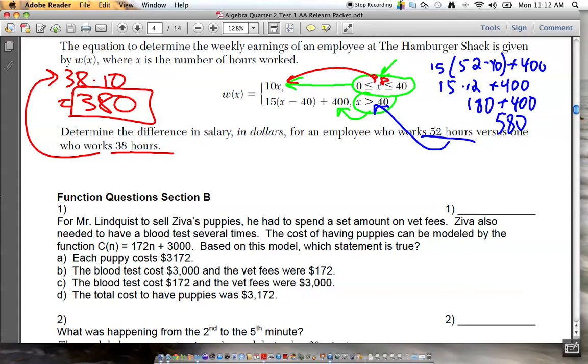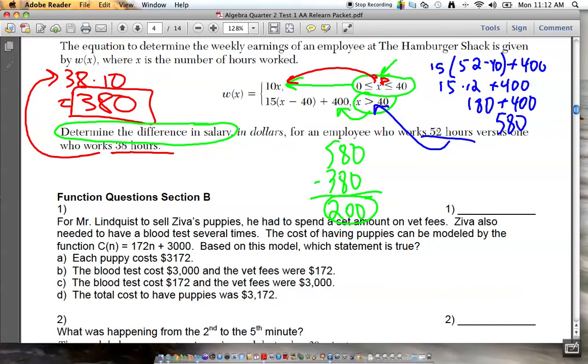But at the end of the day, in this problem, it says determine the difference in salary. So if the person who works 52 hours makes 580 bucks, and the person who works 38 hours makes 380 bucks, the difference in salary is $200.